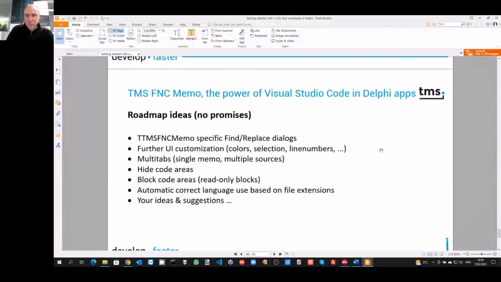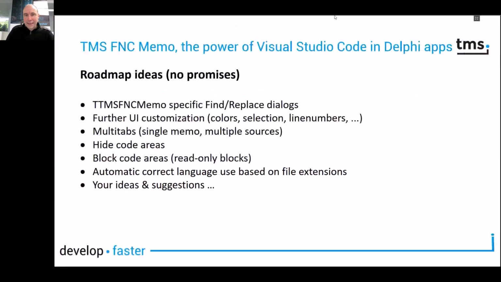And that was our round trip for today in the FNC memo control. And let's finish with having a look at the ideas we have for future developments of the FNC memo. You have seen now that I have interfaced with the standard VCL, and the same applies to the FireMonkey Find and Replace dialogues. But we could extend this and bring native dialogues that surface all the specific find and replace features that are included in the FNC memo.